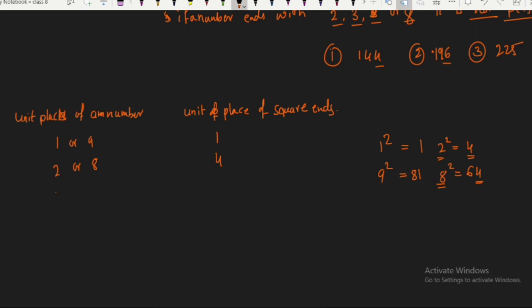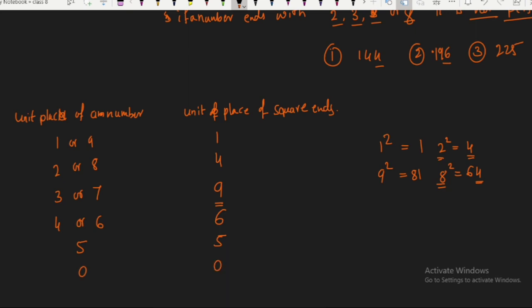Then 3 or 7 ends with 9: 3 square is 9, 7 square is 49. Next, 4 or 6 always ends with 6. Then 5 ends with 5 only, and 0 ends with 0.